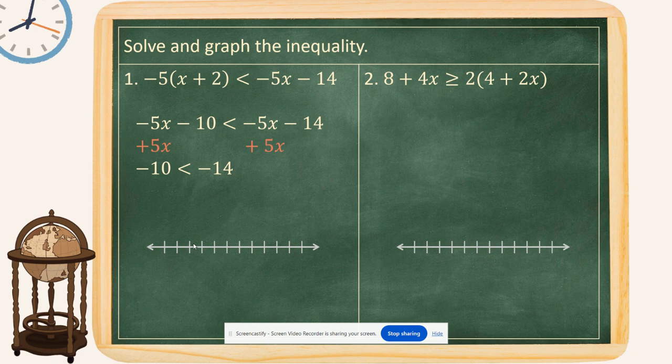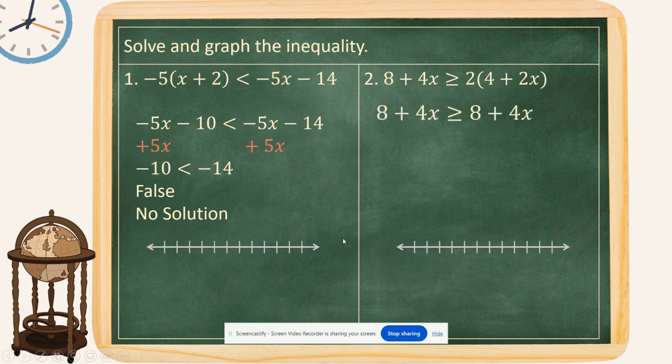If it's more right, it's greater than, but if it's more left, it's less than. So negative 10 is not less than negative 14, so that's false. Our unusual solution tied with a false statement is no solution. So in this first one we ended up with no variable, and this is a false statement, so no solution.